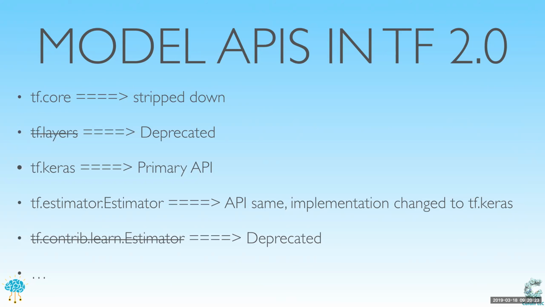Contrib is deprecated and moved to a separate repository. So contrib learn estimator goes away. And the Estimator API stays, but the implementation of the estimator under the hood is actually changed to TF Keras, which is great because basically it makes the whole thing more compact and compatible.